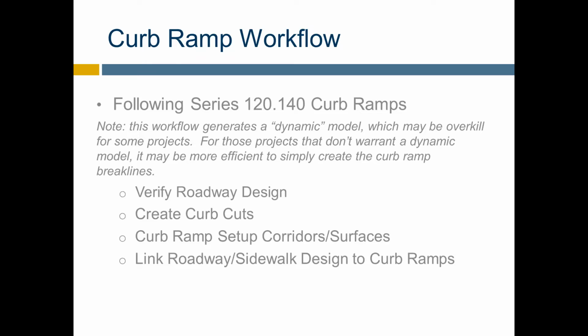Today we're just going to be looking at the southeast quadrant of the intersection. You would repeat these steps for all the other quadrants. We're going to be creating curb cuts. From that we're going to create the curb ramp, set up corridors and surfaces, and then we'll link the curb ramp to the sidewalk design.